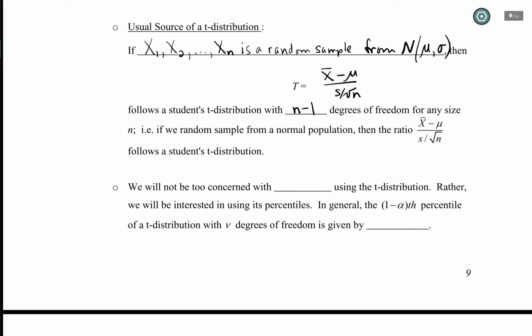So basically if we take a random sample from a normal population, this ratio follows a t distribution.